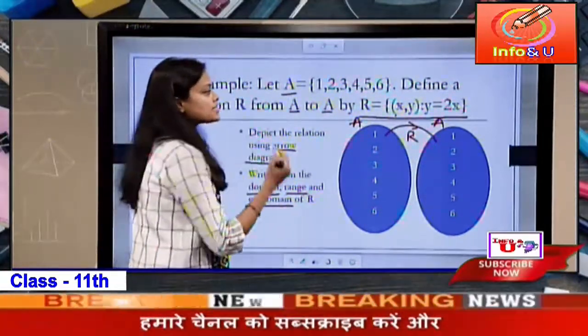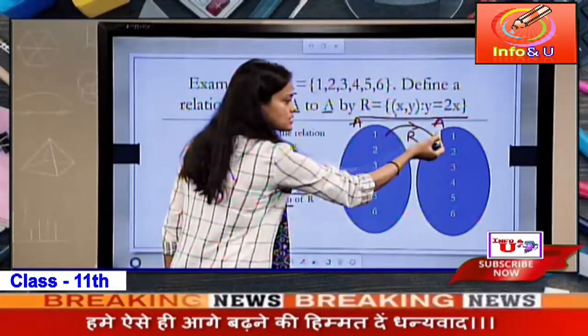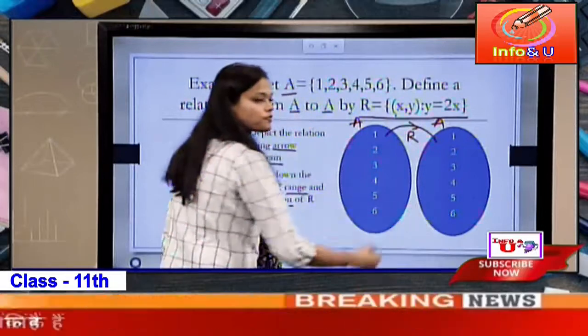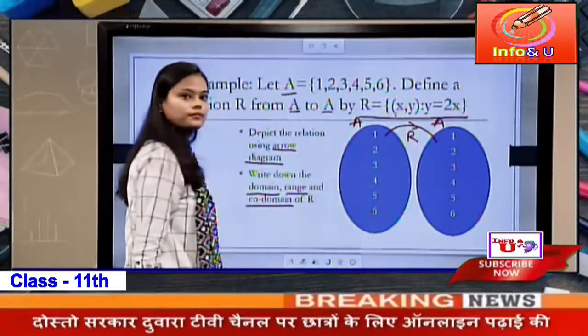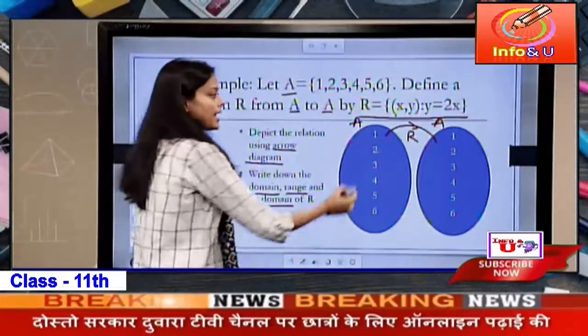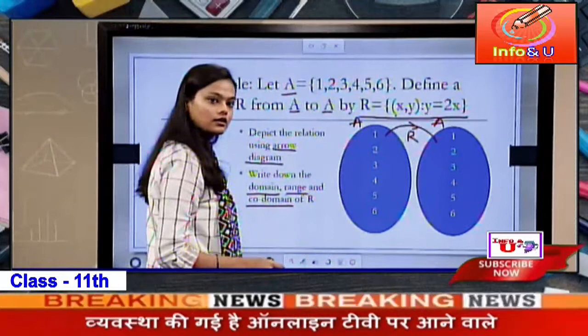Now, see in this case, the second element is twice the first. That means the image of 1 will be 2.